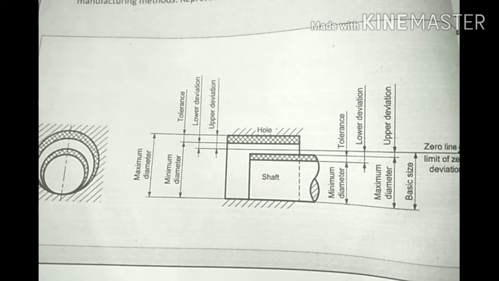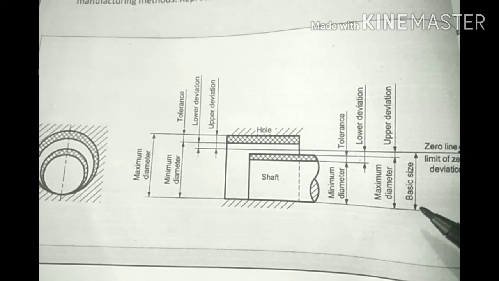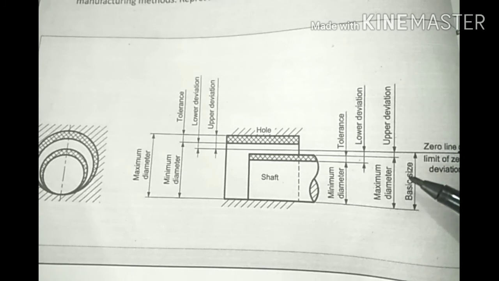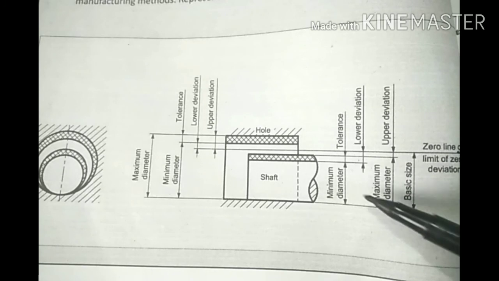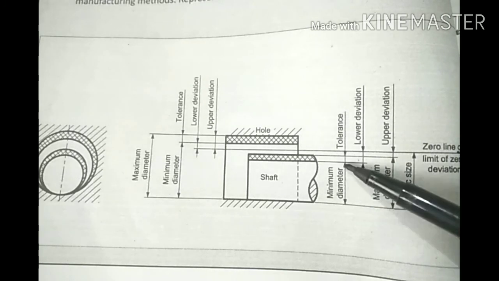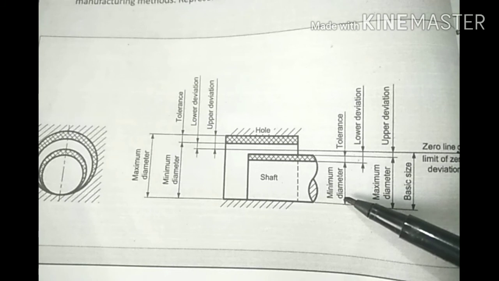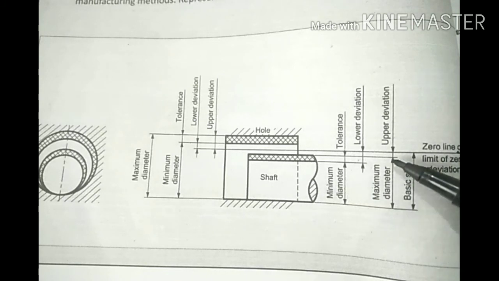The greater of these two sizes is called the maximum limit or high limit of size, while the smaller size is called the minimum limit or low limit of size. Here this maximum diameter means the maximum limit of size. This minimum diameter means the minimum limit of size. So upper limit and this lower limit.